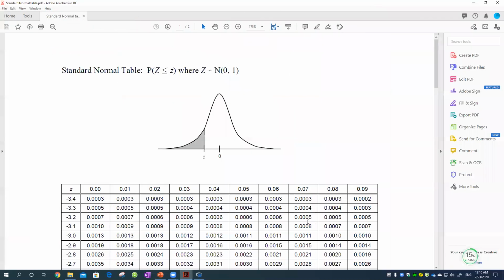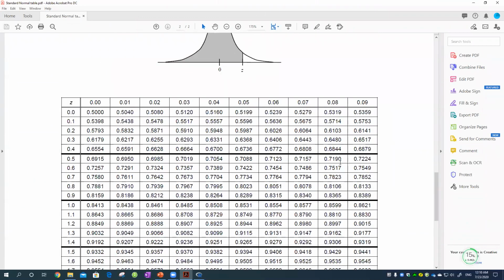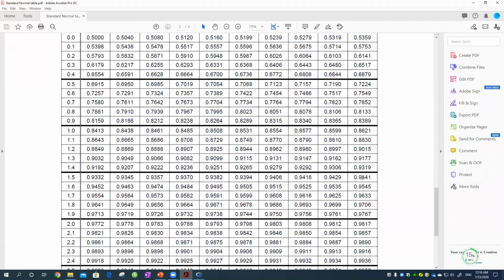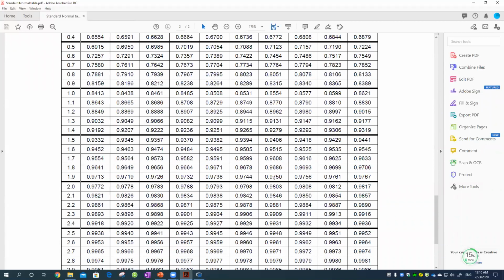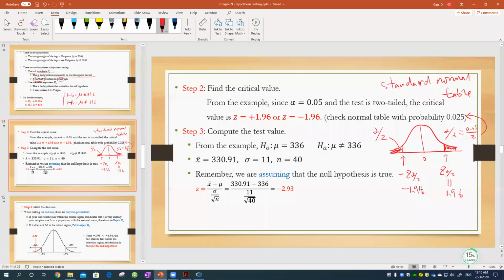If we want to check 0.025, we're going to go to the left side because this is cumulative to the left. So to the left means 1 minus 0.025, that's 0.975. 0.975, that's 1.9 and 6. So we write down 1.96. So any test statistic less than negative 1.96 or more than 1.96 will be rejected.